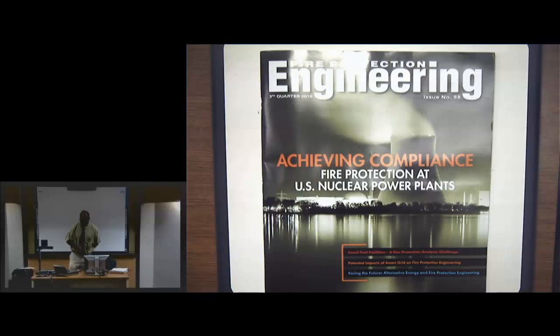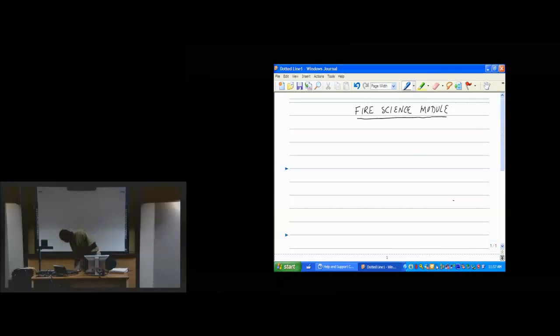I'm going to be using a tablet to write notes on, so I'm going to sit down and we're going to start talking about some of these different issues. I'm going to switch the source to this laptop, and we'll get started.